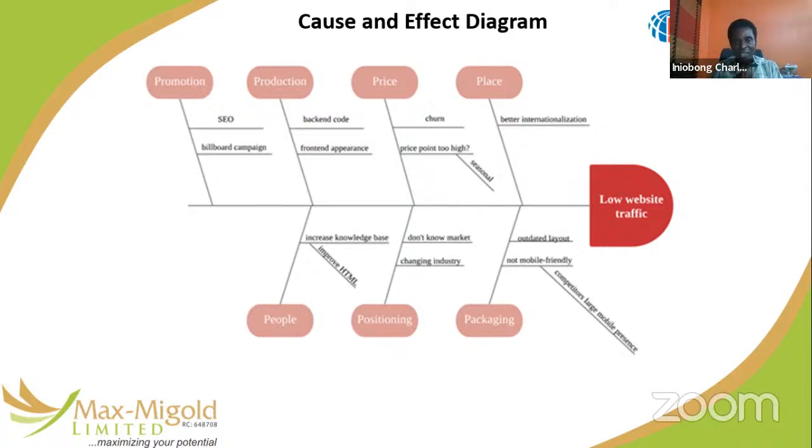Low website traffic can be caused by a lot of things. So what this is saying is that a particular effect in your system can be caused by different things. It can be caused by service failure, due to one, that the technicians are not competent. It can be that you don't have funds to execute the job.